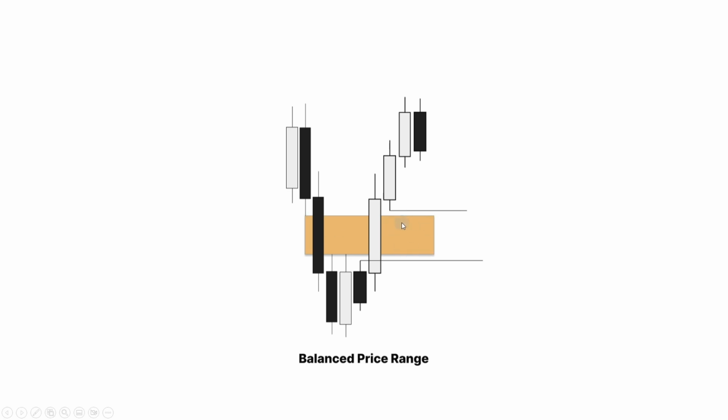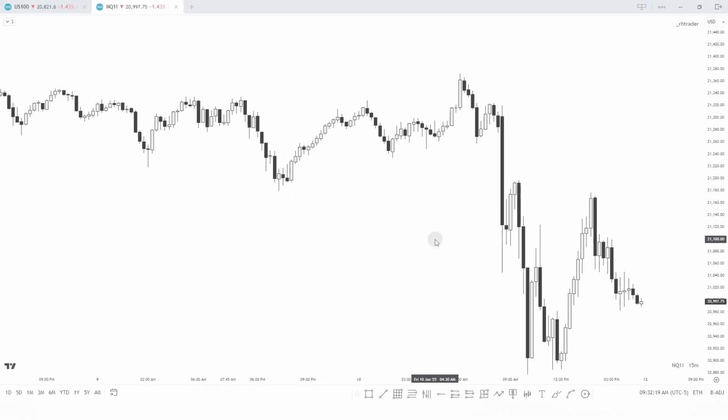So when price returns into this level, this is going to act as a brick wall where price will not be able to move below, but will tap this and move higher. Price is permitted to wick below this level, but not to close. Now let us look at an example of a balanced price range.